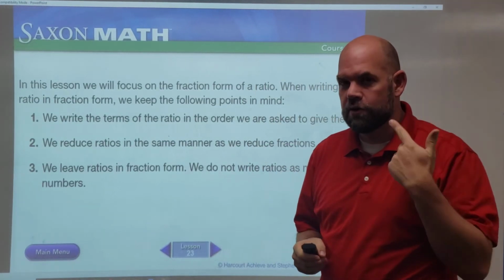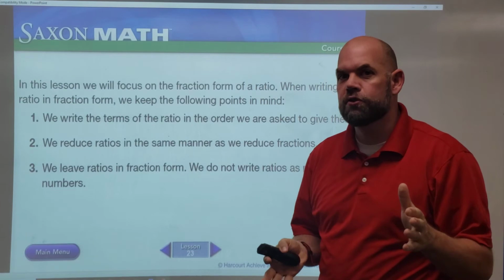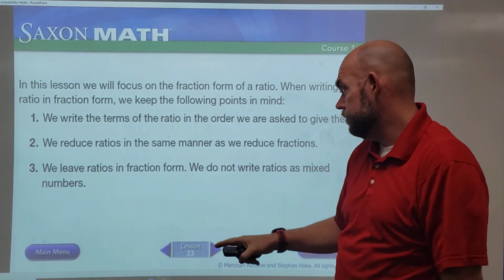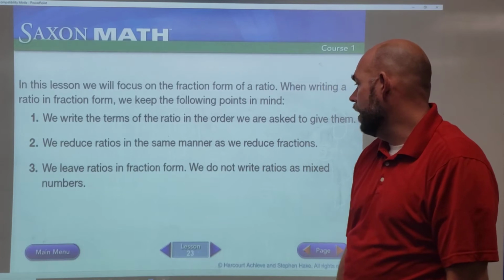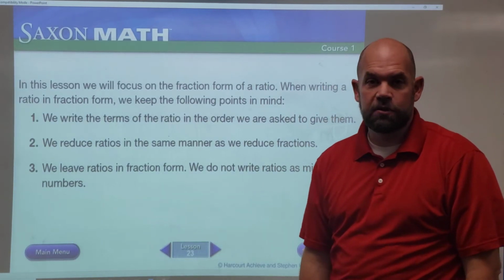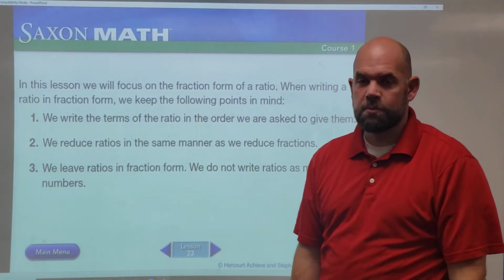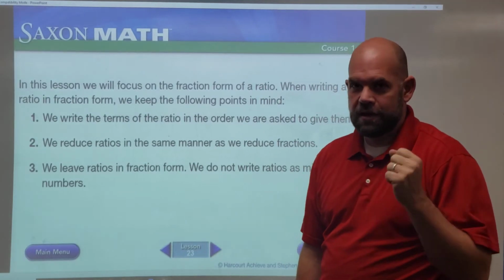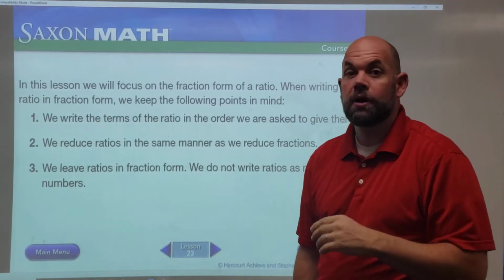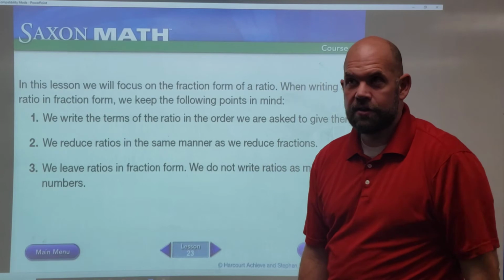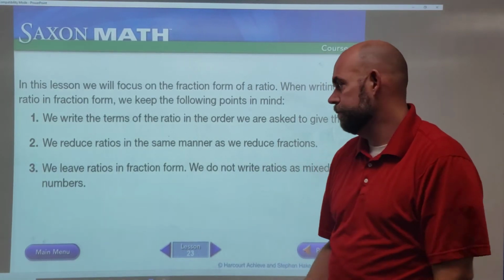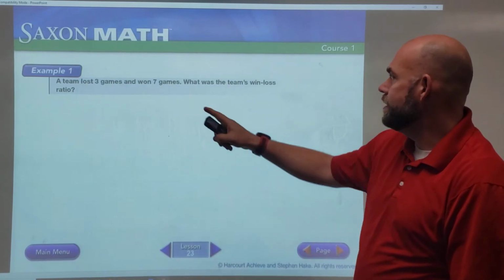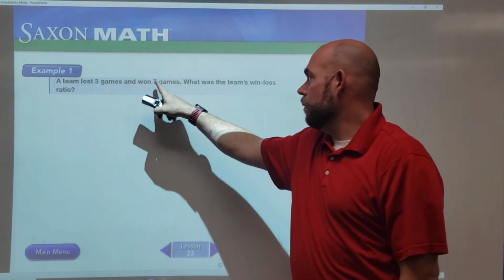It's because then you're going to remember, oh, if I can reduce this, I should reduce this. We leave ratios in fraction form. We do not write the ratios as mixed numbers. So it stays in the fraction form. Even if we could say 1 3/5 or whatever, we leave that as 8/5 or 8 to 5, okay?